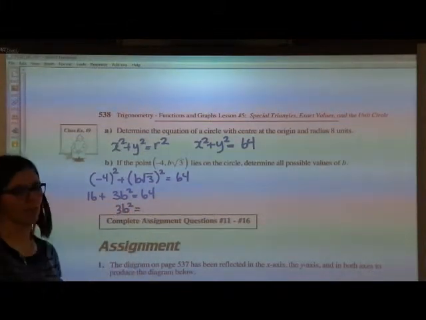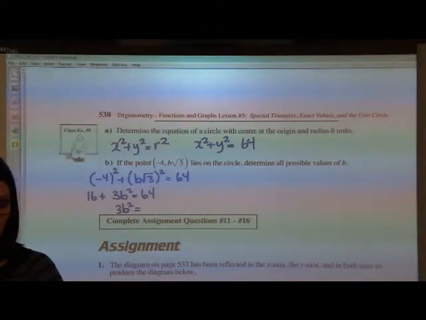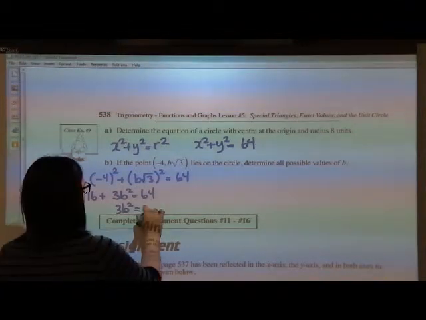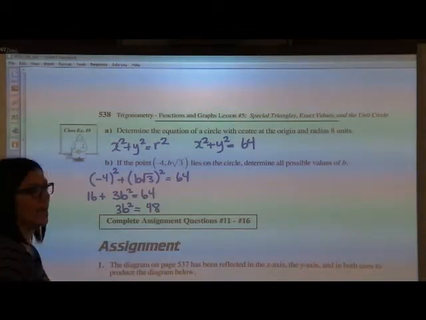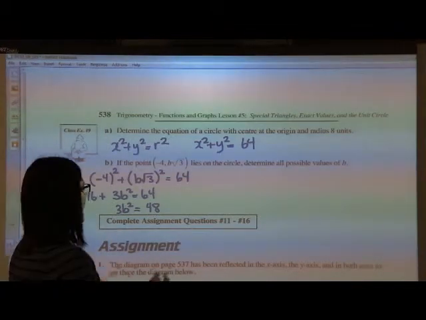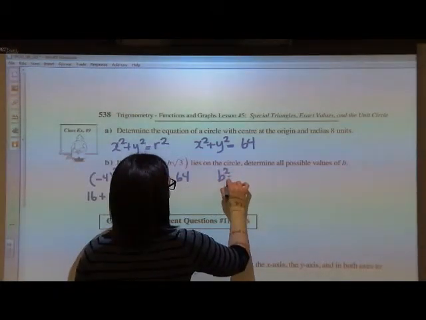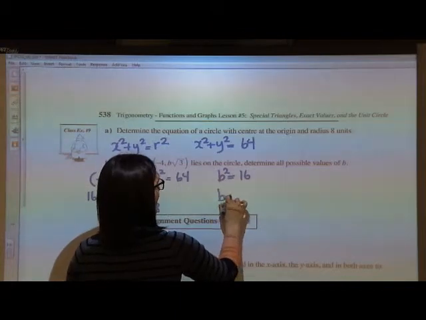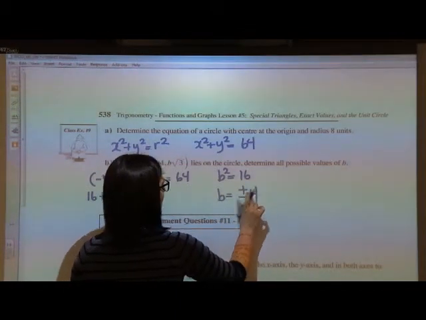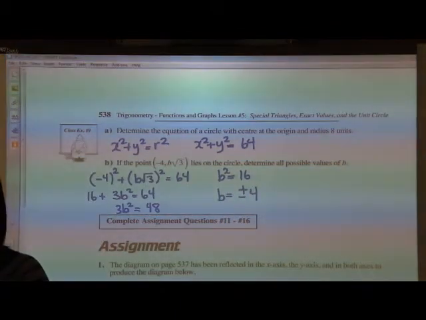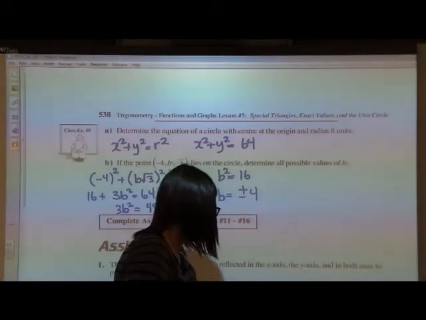Subtract 16 from each side. 64 minus 16 is 48. Divide both sides by 3, and b squared equals 16. Take the square root, and I get a positive or a negative 4. So those are my possible values of b.